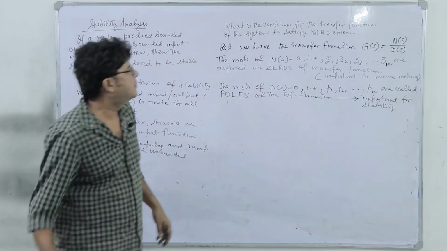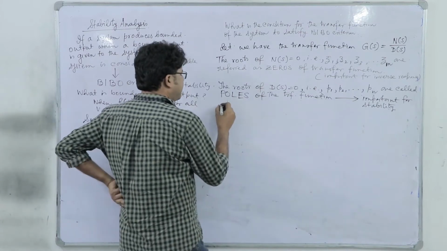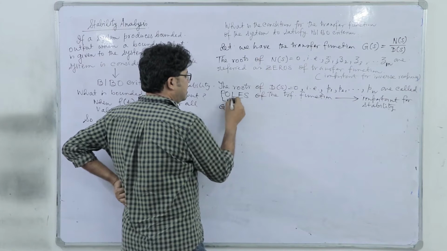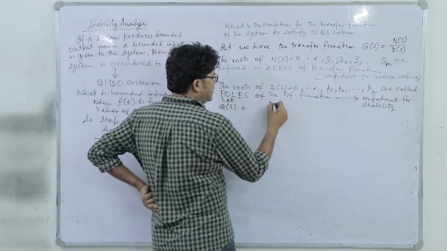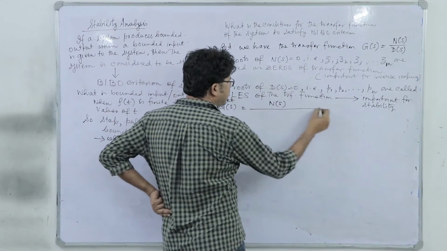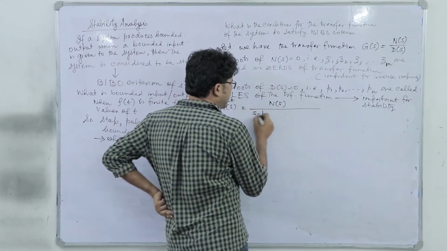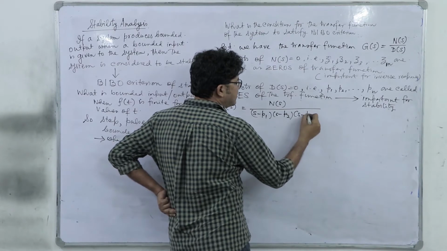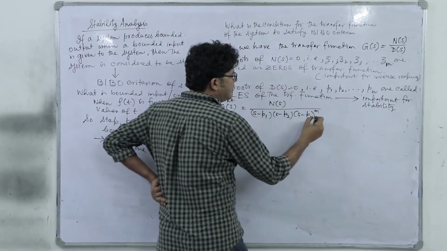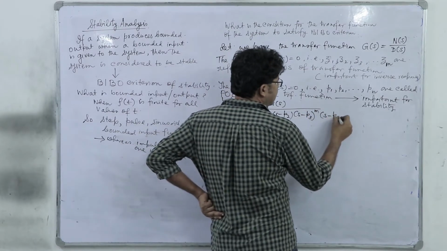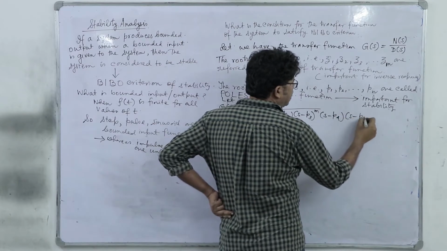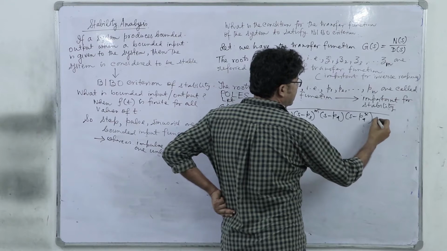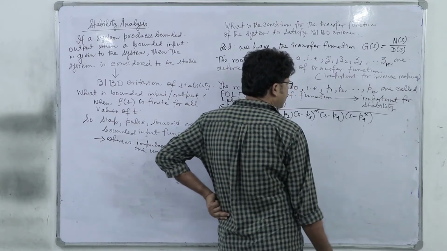Let us say the poles are something like this. Let G(s) be N(s) by (s minus p1)(s minus p2)(s minus p3) to the power m (s minus p4)(s minus p4 star), and that's all.